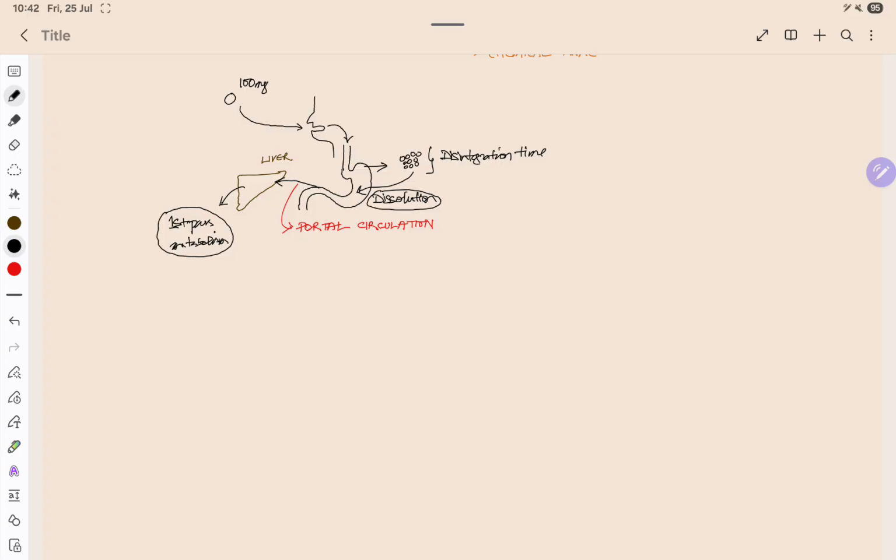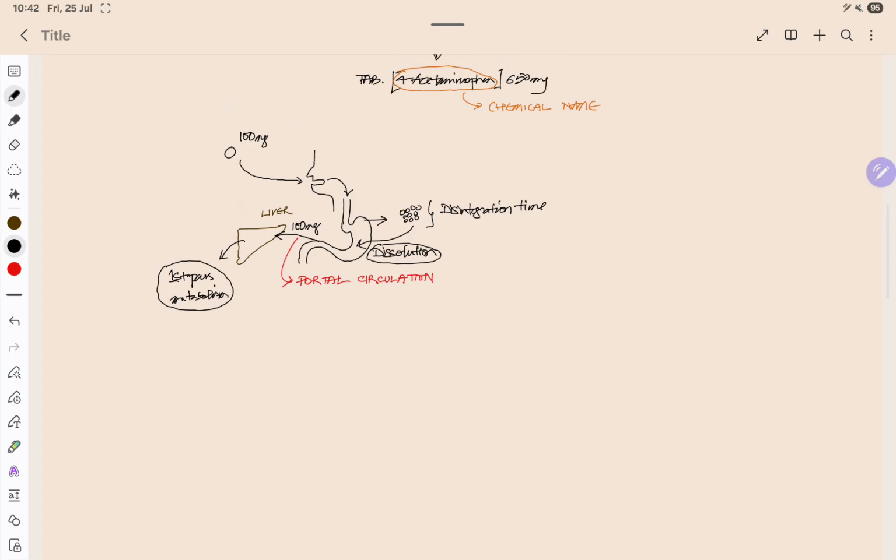This is a hypothetical scenario. 100 milligram went into the liver. Now the amount of drug that came out of the liver and which ultimately reached the heart will not be 100 milligram. That is obvious because it has undergone some sort of metabolism.